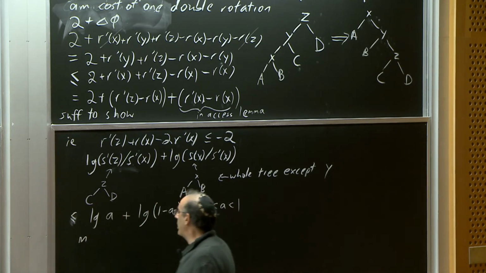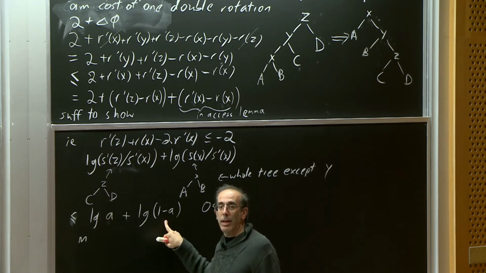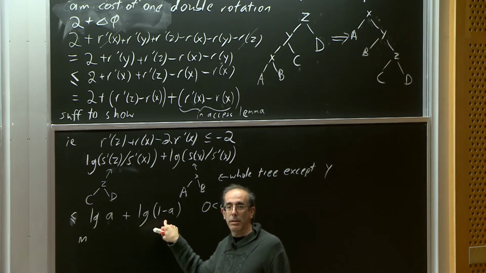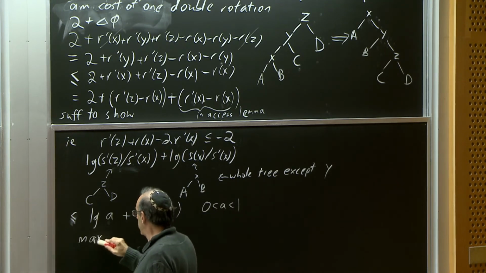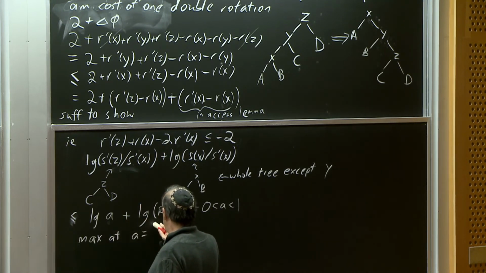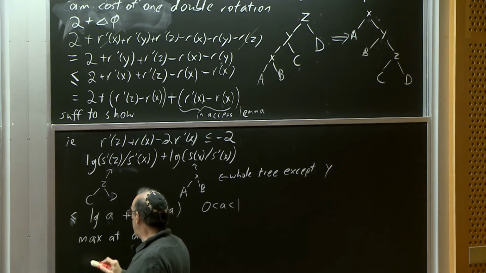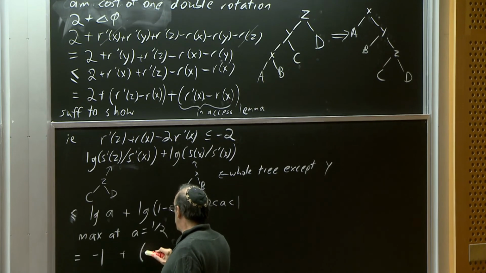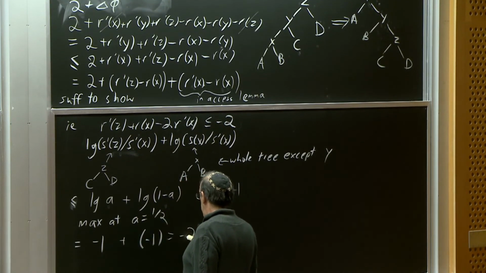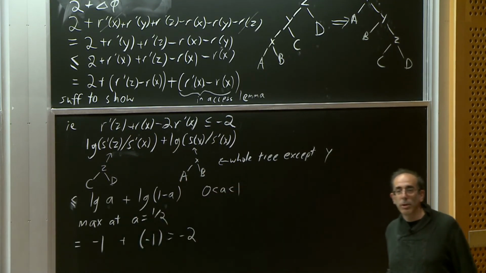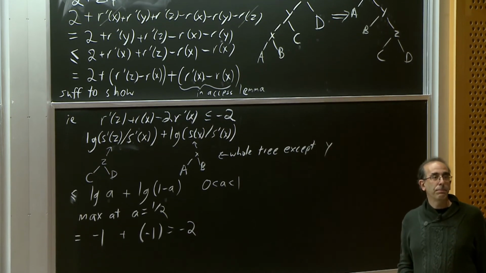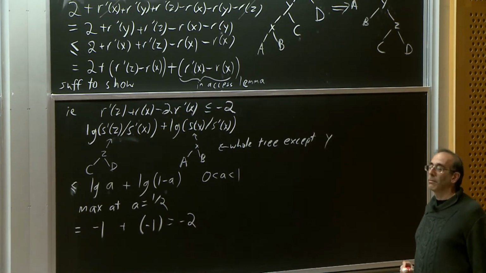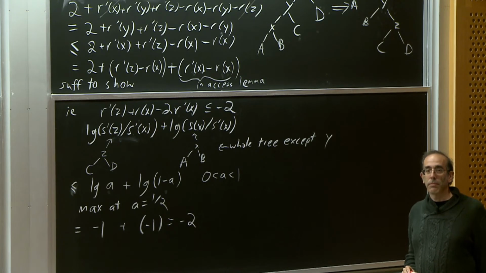And if you think about it, you're just maximizing A times 1 minus A. Where is that maximized? At 1/2. A equal 1/2, which is to say that this is equal to the log of a half, which is minus 1, plus the log of a half, which is also minus 1, which is minus 2, which is what we needed to show. Okay?